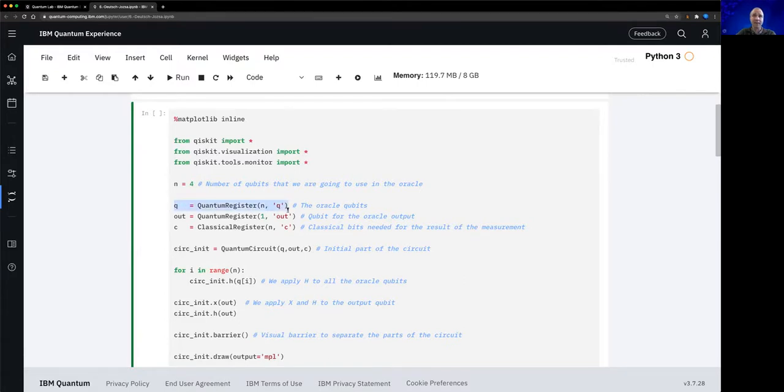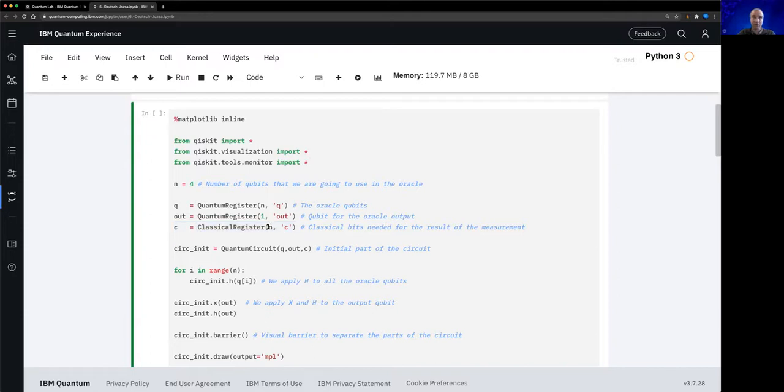Let me explain very quickly what we are doing here: we first create several qubits as an individual unit, what we call a quantum register. We give that register a name, in this case q for the input and out for the output, and then we also declare some classical bits in order to make the measurement.